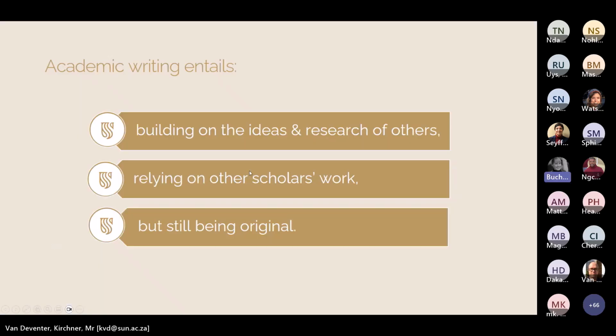So if one looks a little bit more closely at how one goes about doing that, one should be aware that academic writing entails building on the ideas and research of others, relying on other scholars' work, but still being original. So this is quite different to what one might experience as an undergraduate student, for example.